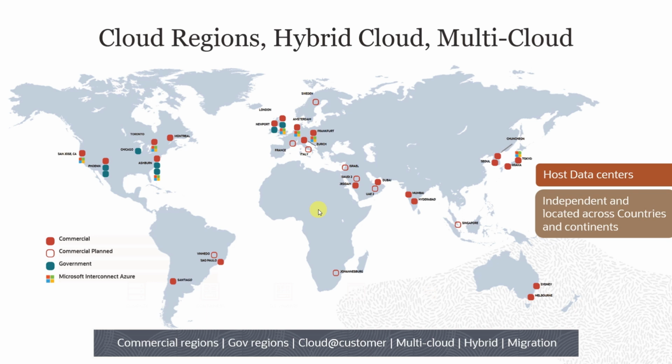Within a region, OCI hosts one or more physical data centers and calls this an availability domain. Every region can have up to 3 availability domains. This visual representation provides insights into the diverse deployment models supported by OCI across the globe.